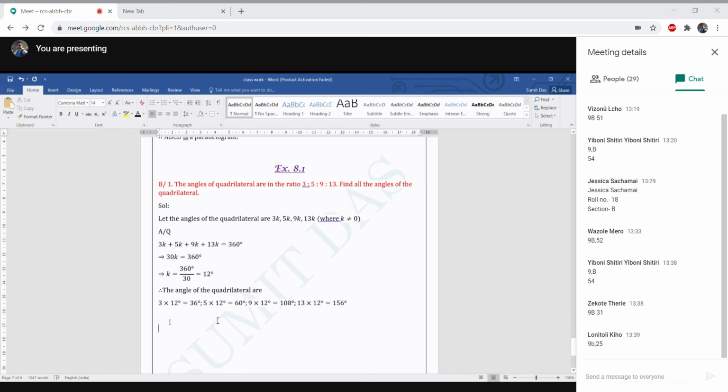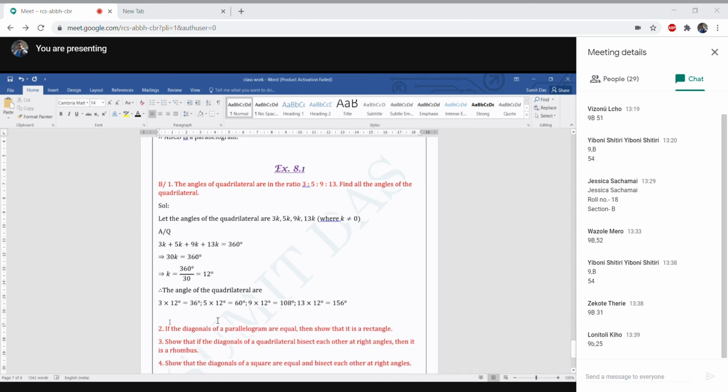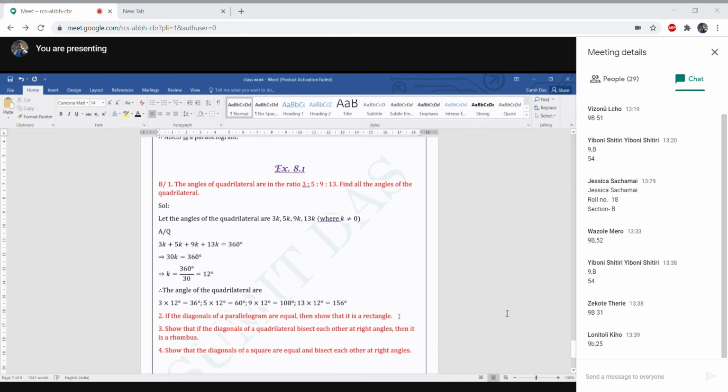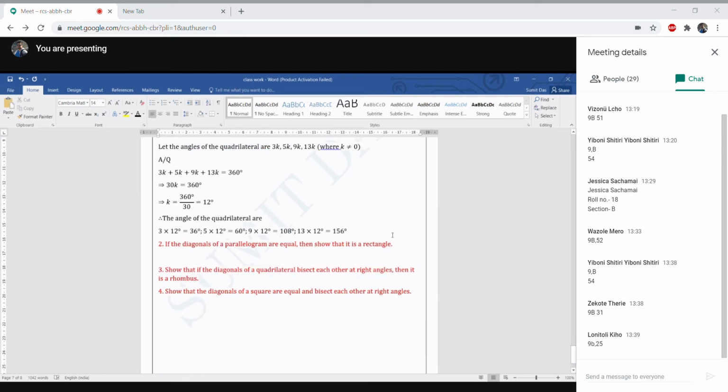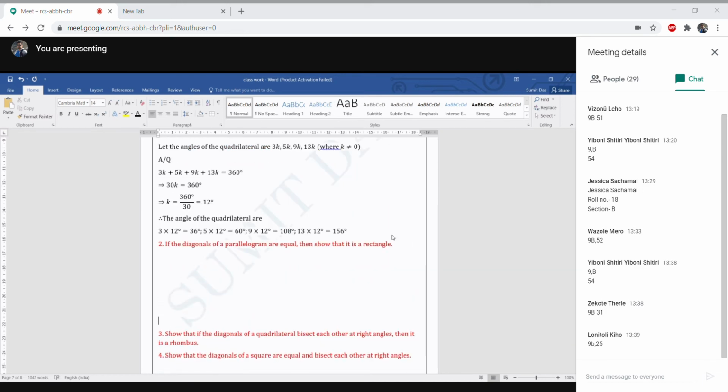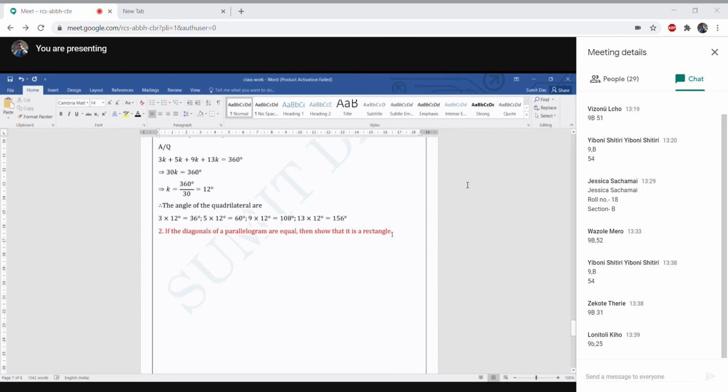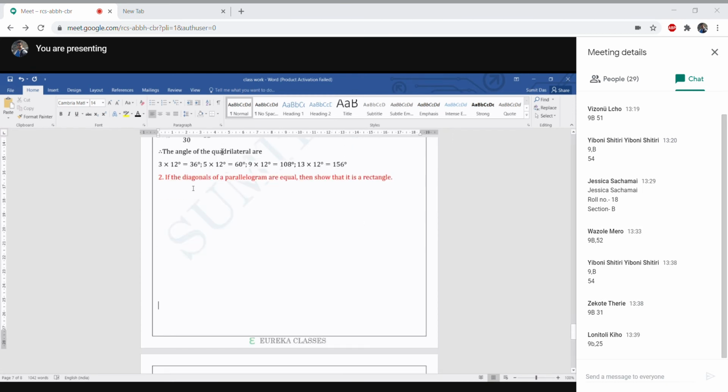Next, move on to the next question. The next question says the diagonals of a parallelogram are equal, show that it is a rectangle. This is a proof type, so we have to draw the diagram. Let's wait for 1 minute. The diagonals of a parallelogram are equal; we have to prove this is a rectangle.